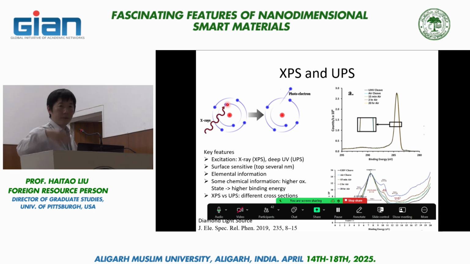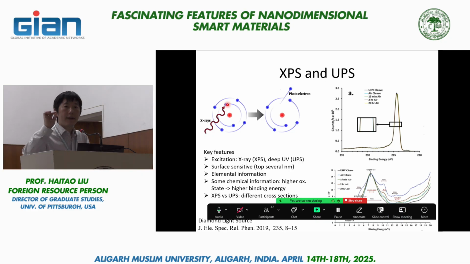Now, regardless of what electron is being kicked out, it's being kicked out. And what you can do is collect this photoelectron, and from there you can measure the energy of this photoelectron. And from there you can figure out which kind of atom this electron is coming from. So with XPS and UPS, you will have this ability to get some atomic elemental composition information.